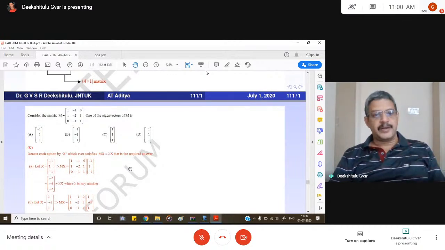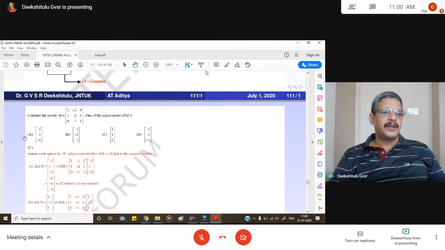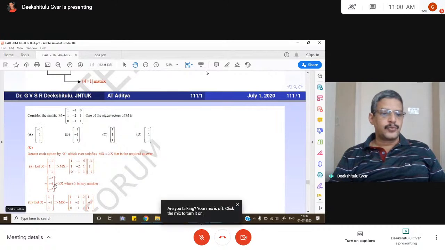That's a long process. The trick here is multiply the matrix with the eigenvector. So what are you getting? Minus 2, minus 4, minus 2. Is it a multiple of the eigenvector? No, because here all are ones. It is 2, 4, 2, minus 2, minus 4, minus 2. So it cannot be expressed as lambda times X.